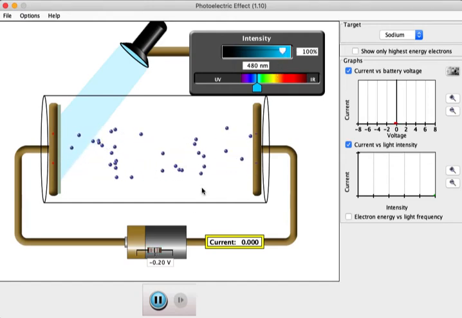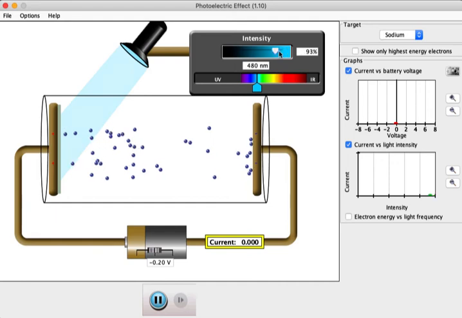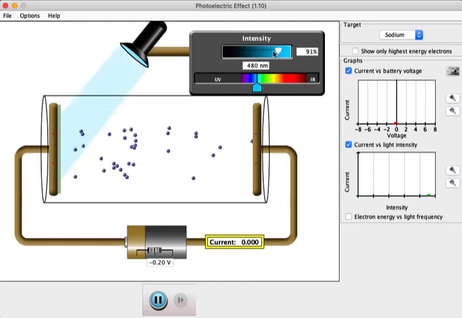And in fact, when I get to even 0.2 volts at this point, so as I increase the wavelength, in other words, decrease the frequency, the stopping voltage has gone down. Instead of taking negative 0.8 volts, it only takes 0.2 volts to stop all of them from leaving the metal, from bridging this gap.